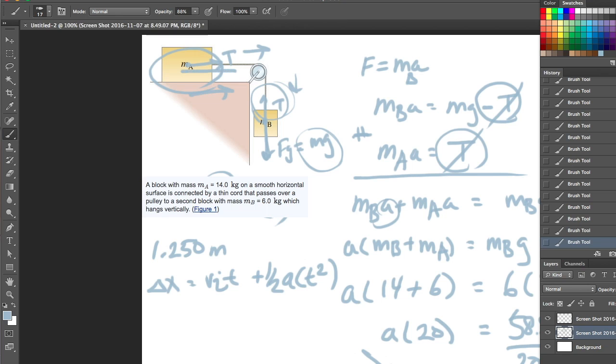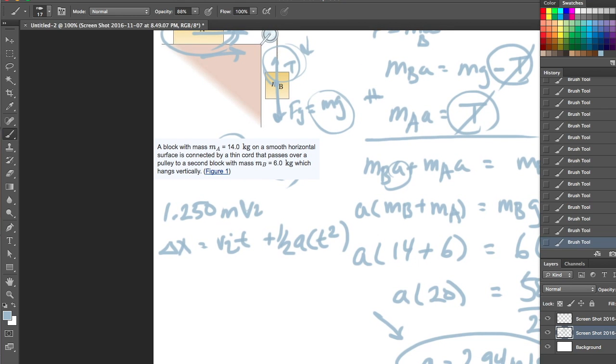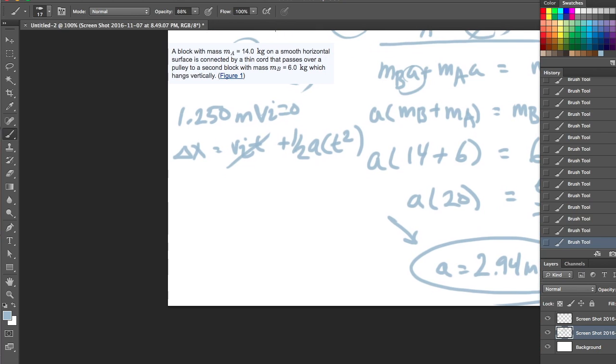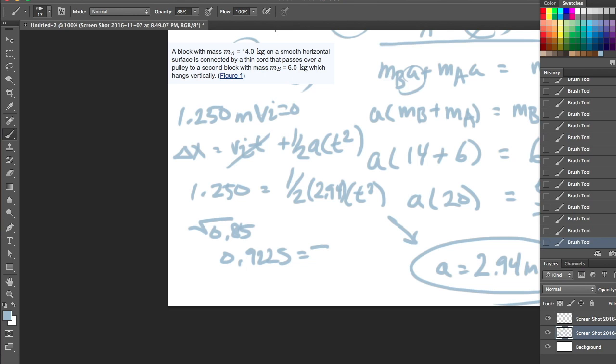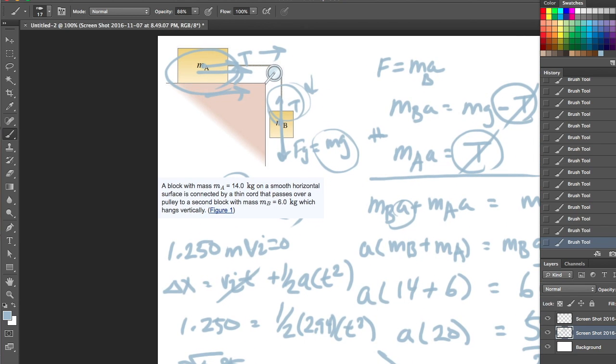It's starting from rest, so v initial equals 0, and that term is completely out. So 1.25 equals one half of the acceleration we found times t squared. Then we can solve for t. It's the square root of 0.85, which is 0.922 seconds. This is the time it takes block A to travel this distance.